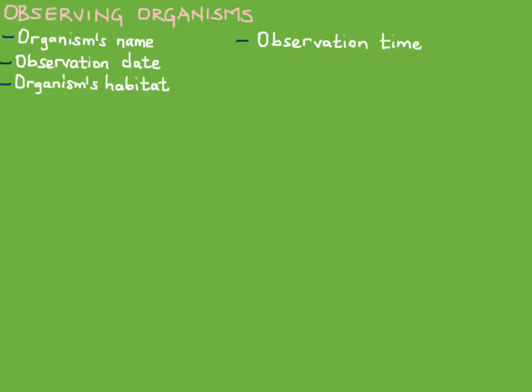Was it in the day or night, morning, evening? Was it a rainy or a dry season? It's important to note that. It's also important to note the weather conditions at the time of observation.